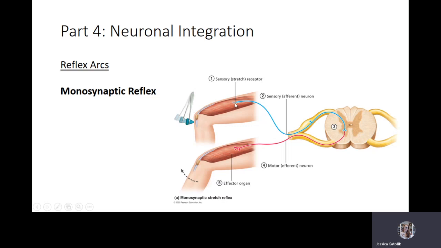It will convert that signal into an action potential, and the sensory neuron will carry that information to the spinal cord, where the sensory neuron will synapse with the motor neuron. The motor neuron will then carry that information back to the quadricep muscles, and the quadricep muscles are going to act as their own effector organ. This motor neuron will stimulate the quadricep muscles to contract, and that will be what's creating that bounce that you experience when your knee gets hit by a hammer. So that would be the stretch reflex.